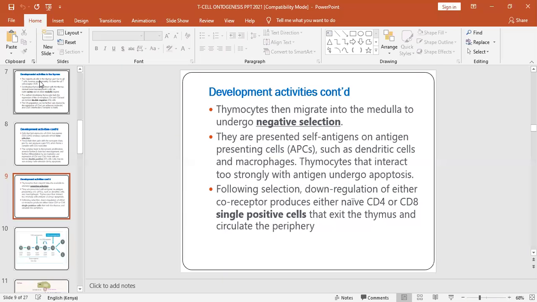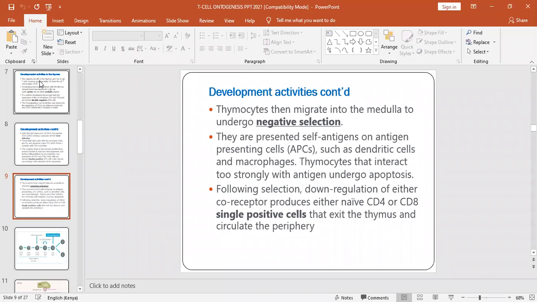Now, the next phase, from the cortex, the cells move to the medulla, which is towards the inner part of the thymus region. The thymus has its tissue peptides, and in addition, it has other immune cells like the antigen presenting cells.